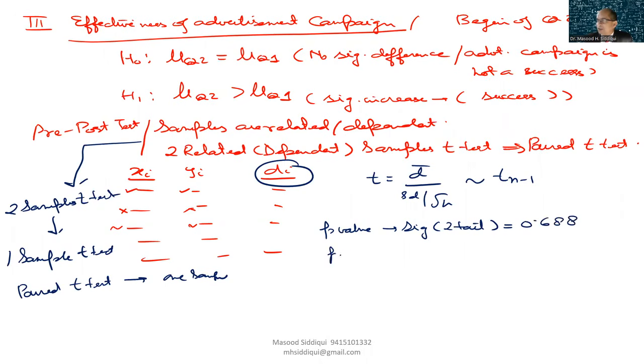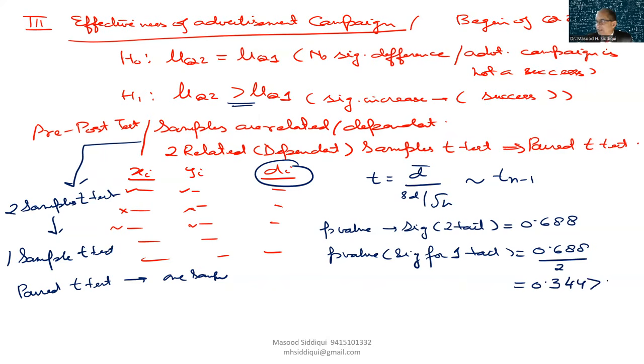But we actually require the p-value or significance for one tail. Why one tail? Because it is a directional hypothesis. So this value would be 0.688 divided by 2. So we will have 0.344, which is greater than 0.05. So we do not reject the null hypothesis.